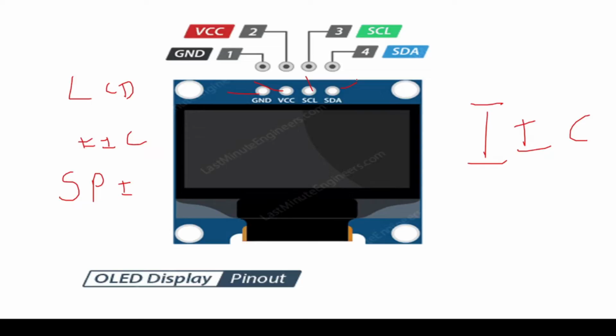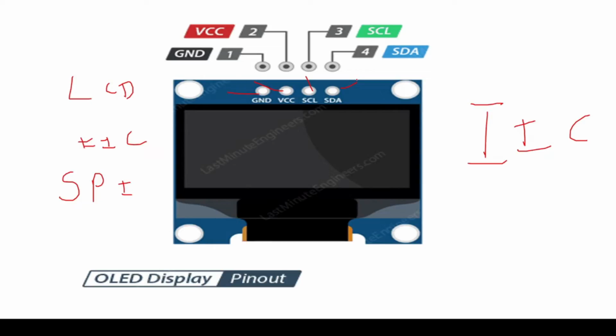So when you see an OLED display with only 4 terminals, we can clearly understand that it has the IIC protocol. And if the OLED display has 7 pins, then we understand that it is using the SPI protocol.